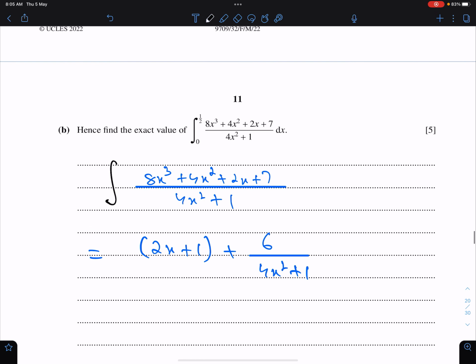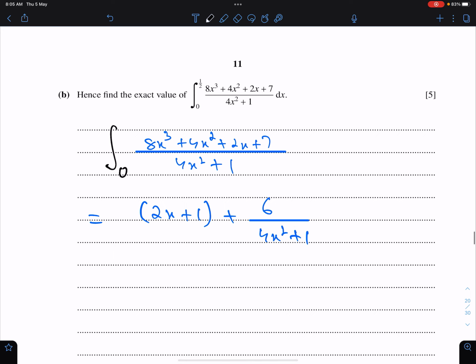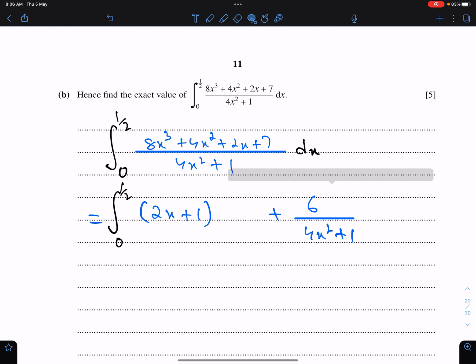Sine of integral with limits 0 and half, dx. So 0 and half, dx, plus sine 0 and half, dx.